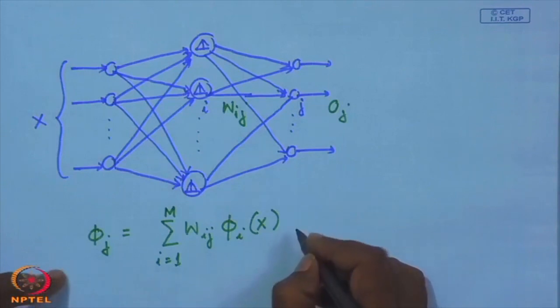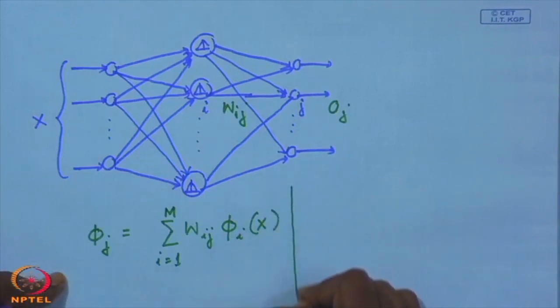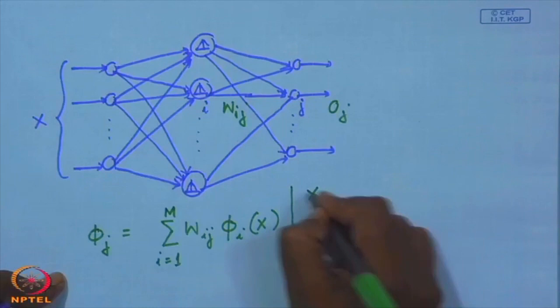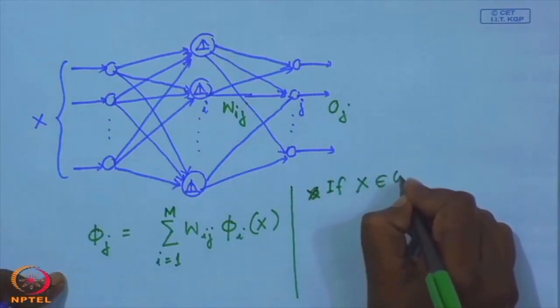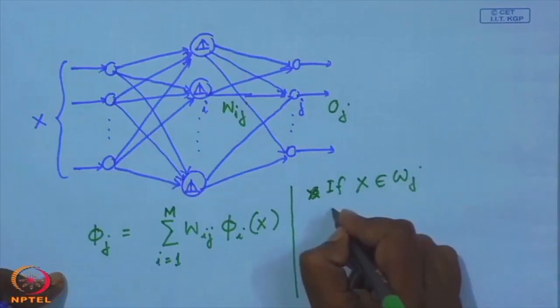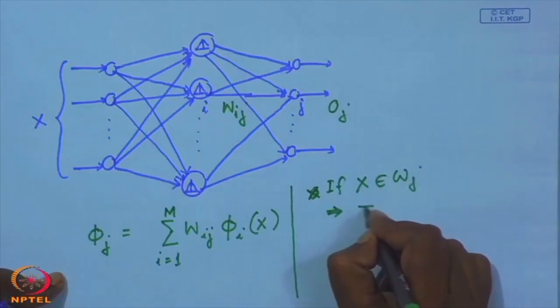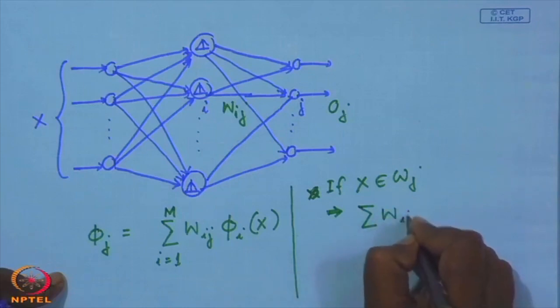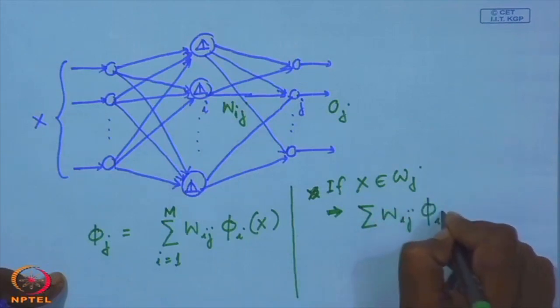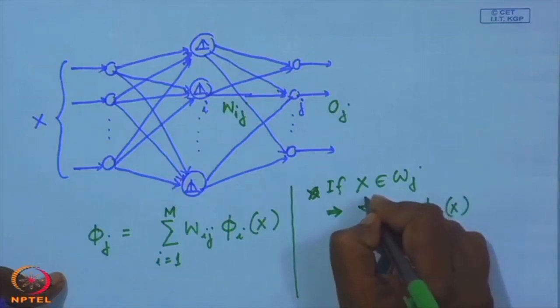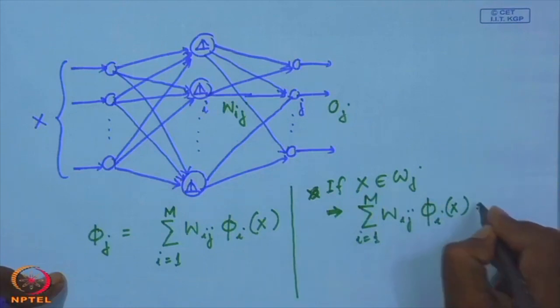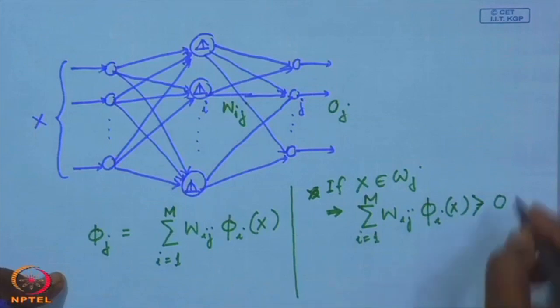And naturally, over here, if this feature vector x belongs to class omega j, then I have to have sum of W i j times phi i x, i is equal to 1 to m, this must be equal to plus 1.